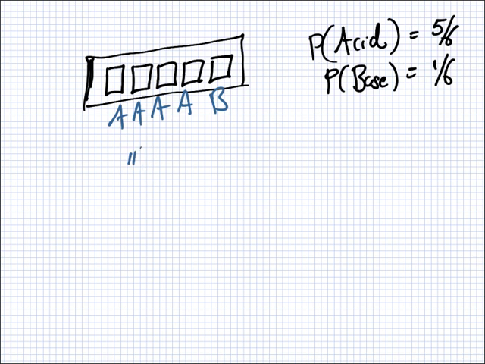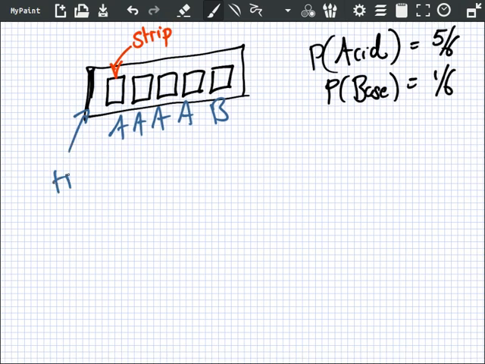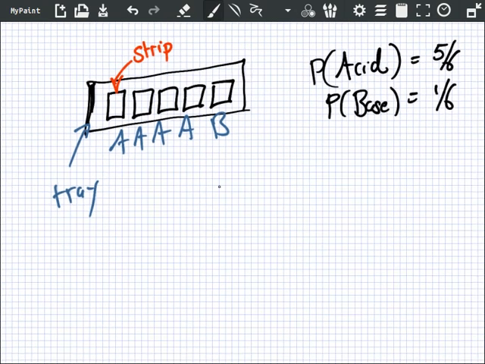So maybe put some words in here. We'll call these, I don't know, whatever they are, little strips of paper, and you have 5 on a tray. So the first question might be, what's the probability that you get at least 4 acids? We've seen a calculation like this before.